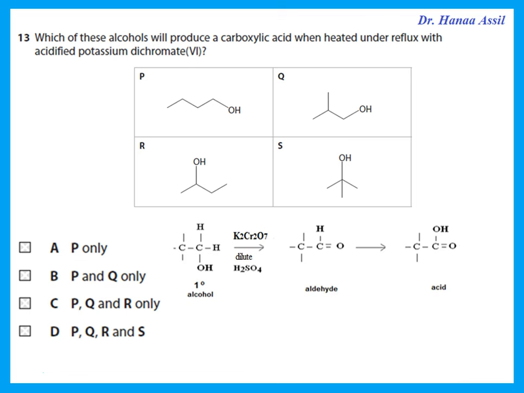So P and Q are primary alcohols, so they would give an acid. But R is secondary, so a secondary will not give an acid, it gives a ketone. And S is actually a tertiary, which is not even oxidized at all. So my answer is P and Q.